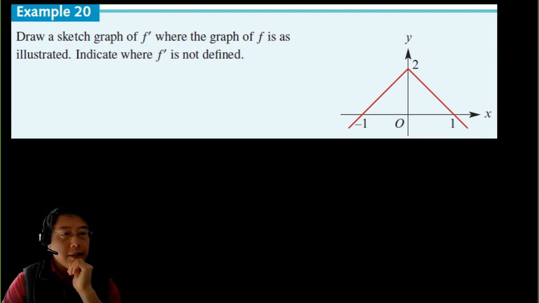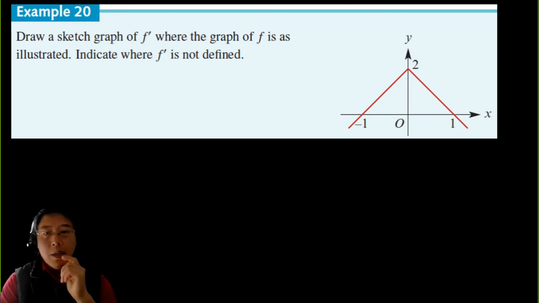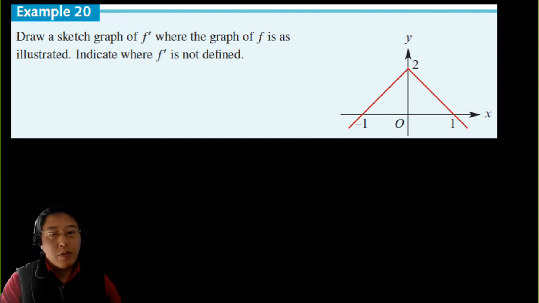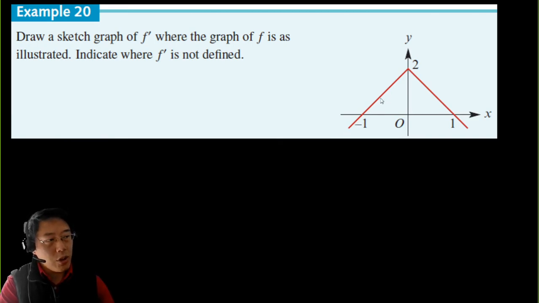Not Carly, it's not when x is greater than 2. When x equals 0, which is correct. So if you look at the graph here, and I'll get to the graph of the derivative, you have a straight line on the left hand side and another straight line on the right hand side.